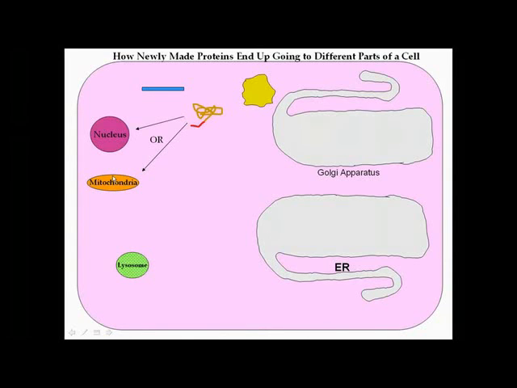So again, proteins could end up in many different places. They have many different functions. The way that they end up going to the nucleus or the mitochondrion is that they have a specific signal sequence on there that tells the cell that that's where they belong. So the bottom line is that some signal sequences direct the new proteins to end up going to either the nucleus, the mitochondrion, or even the chloroplast.